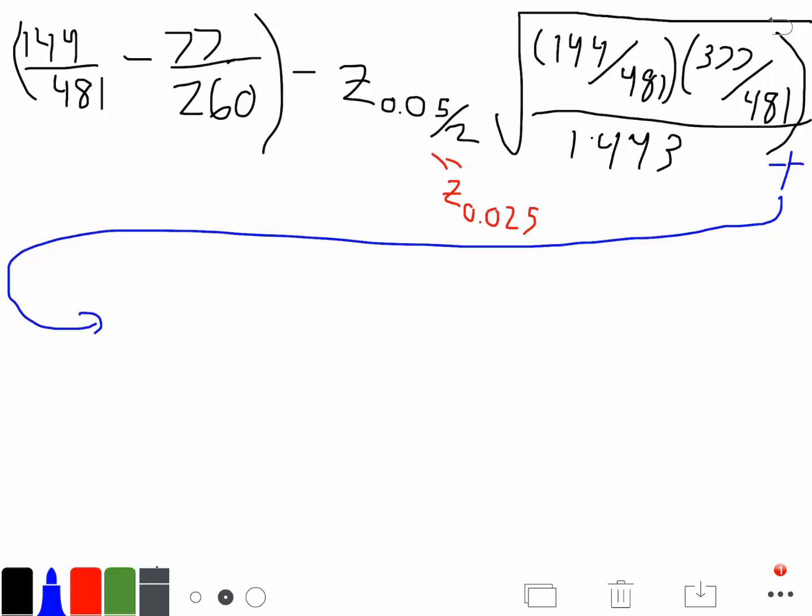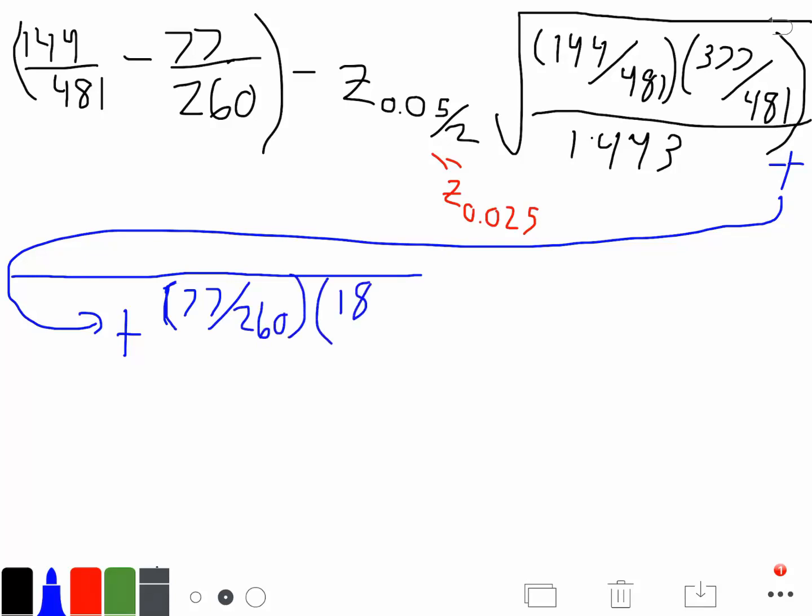Now I did run out of room, so let's go ahead and make a little continuation. So plus, and this is still under the square root, 77 over 260 for the P sub 2 hat times 183 over 260 for the Q sub 2 hat, all over 780.